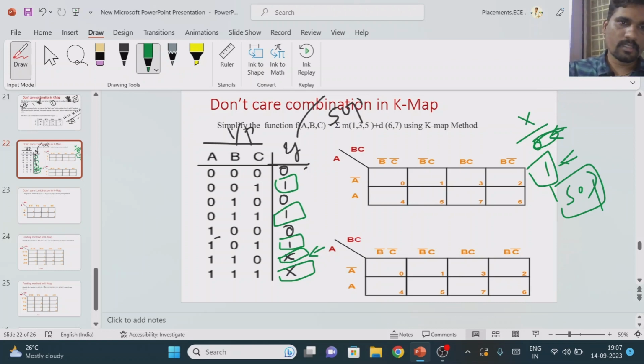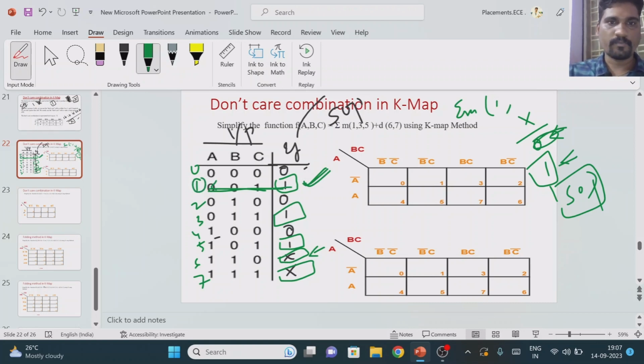Now for understanding, first we have to write the minterms, guys. So we write 0, 1, 2, 3, 4, 5, 6, 7. Now what is this minterm value? This minterm value is 1, and here the output is 1, SOP function. What is this input value? 0, 0, 1. 0, 0, 1 means 1 is the minterm value. Next, what is the second value? 3, because this output belongs to input 3.